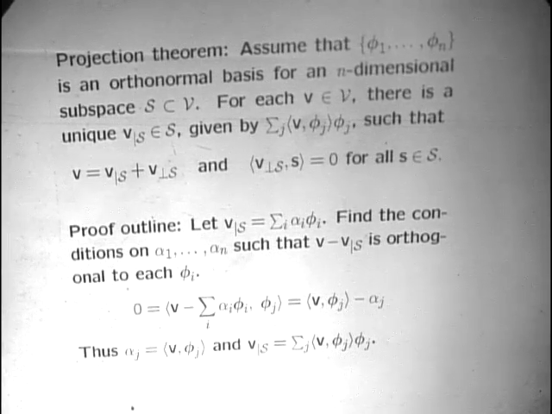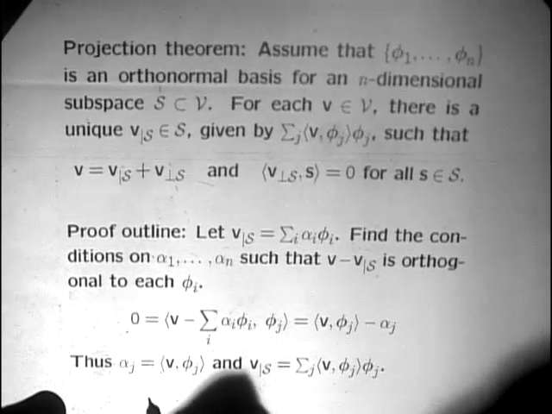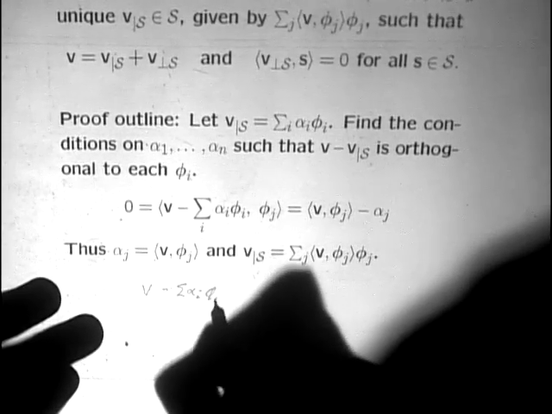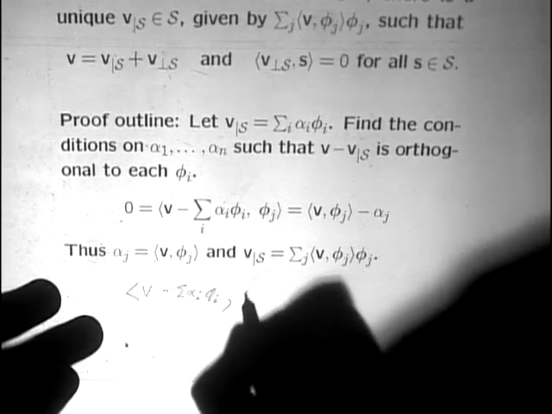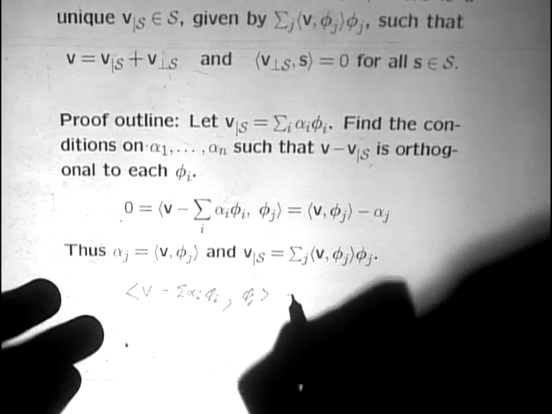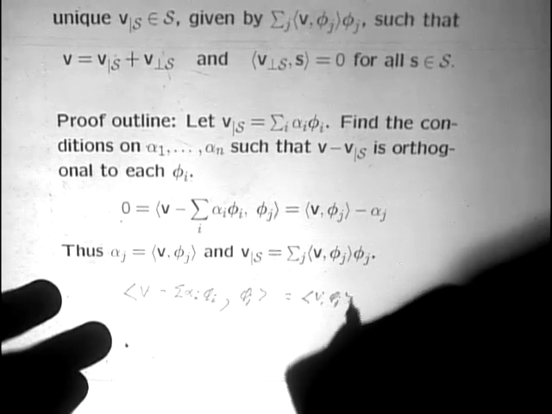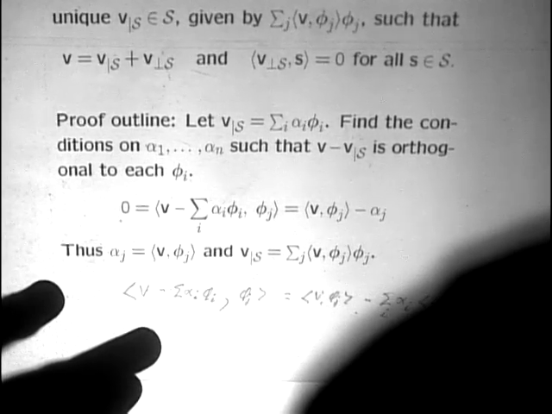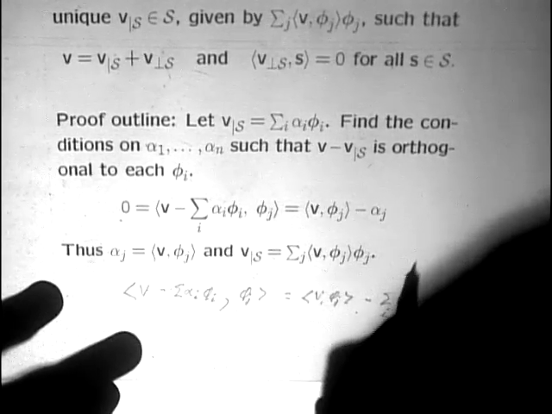Let me write that here. The inner product of V minus the sum of alpha sub i phi sub i, with phi sub j, is equal to the inner product of V with phi sub j minus the summation over i of alpha sub i times the inner product of phi sub i with phi sub j, which is equal to this.